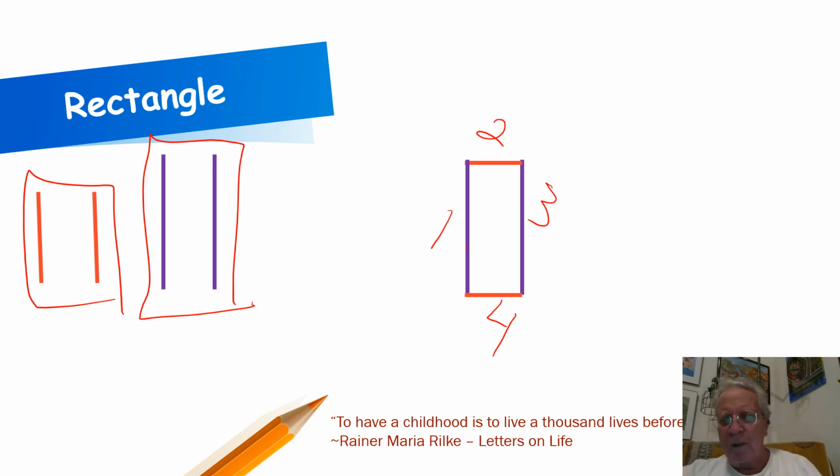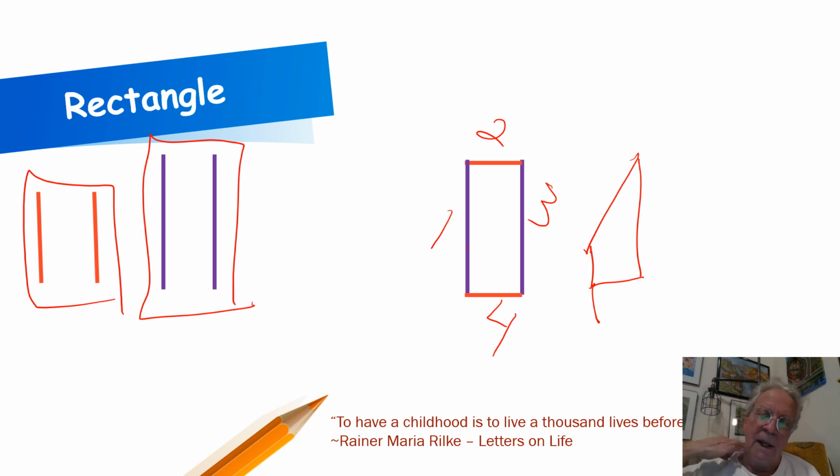Now, if we try to do it any other way, if I went red, purple, that's not a rectangle. That's another shape that you learn later on, okay? But the rectangle, like the square, 4 lines. How many lines? 4. 4 lines.